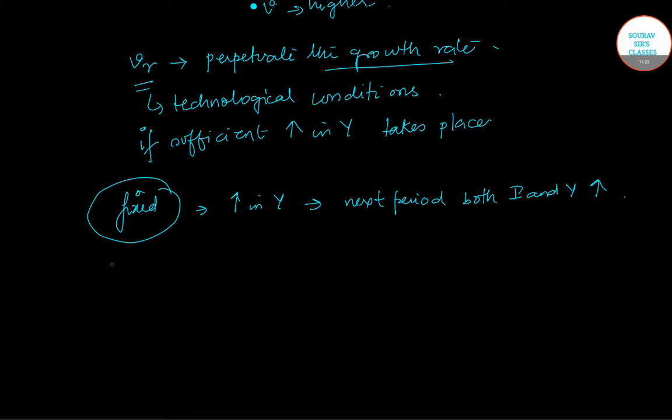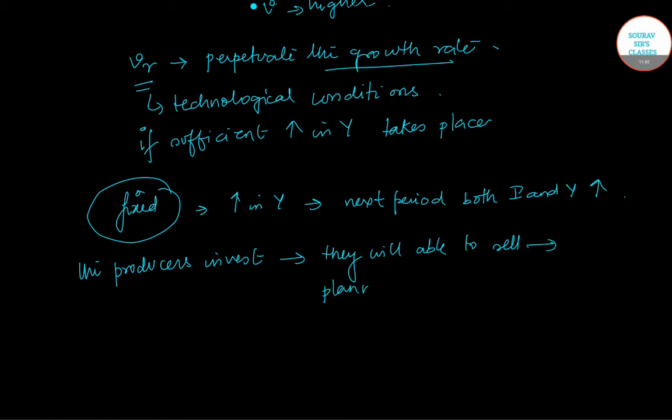So, under such circumstances, the producers invest in the hope that they will be able to sell what they have planned to produce. In other words, the producers will desire to invest an equal amount required by GW VR, which will be equal in magnitude to s, which is nothing but the given proportional savings rate.